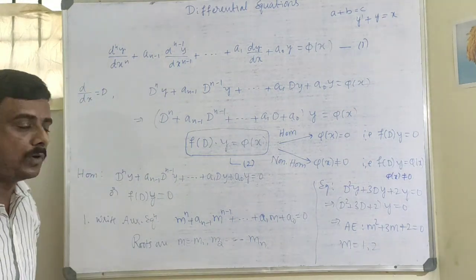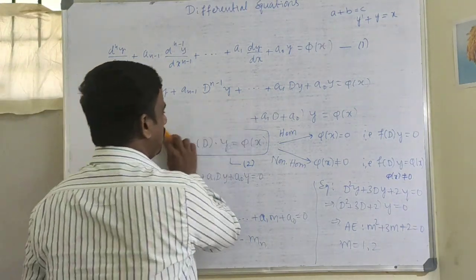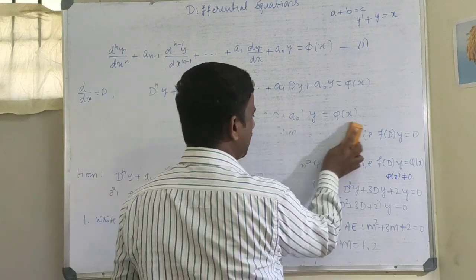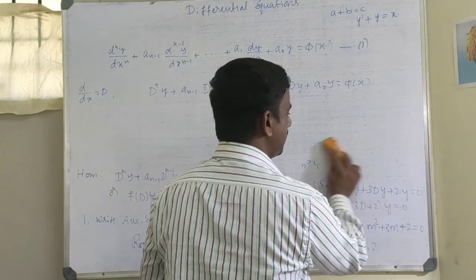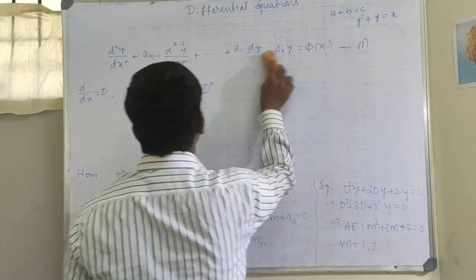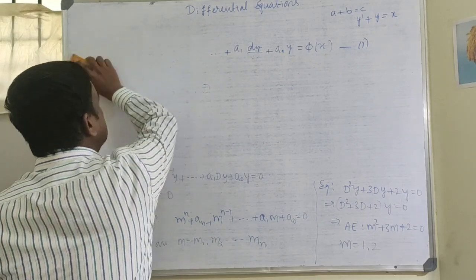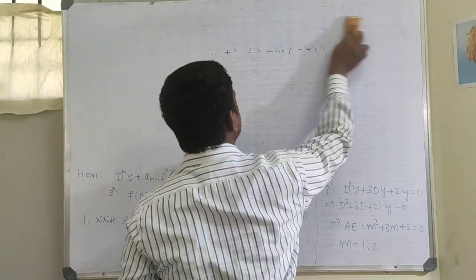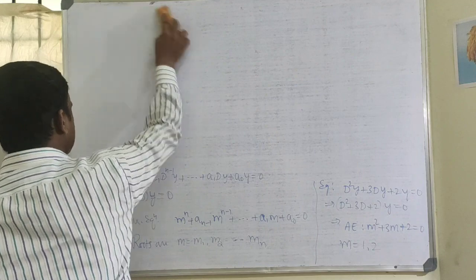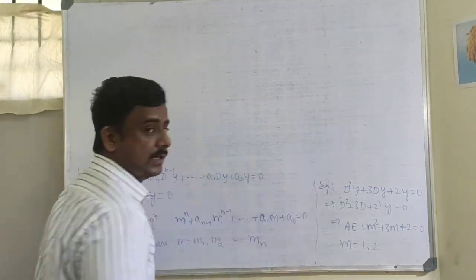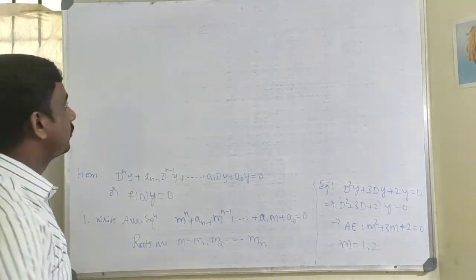Now, depending on the type of roots, we should write the solution of the given homogeneous linear differential equation. There are three possible cases to write the solution of homogeneous linear differential equations depending on the nature of roots.